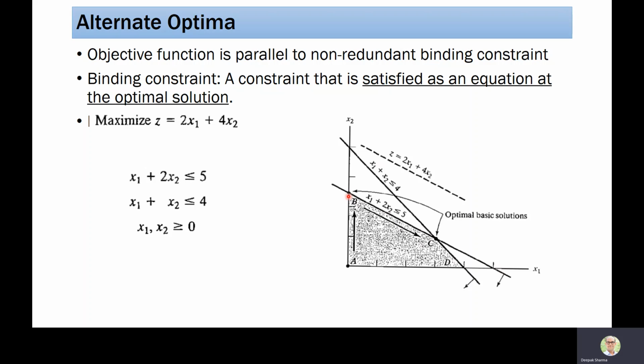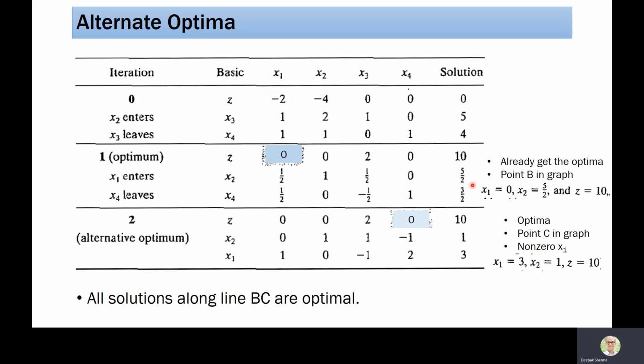Just for the sake of it, we performed one more iteration and got another solution, point C. At both these points our optimal Z value is the same, but the values of X1 and X2 are different. That's why we call it alternate optima, meaning we have the same optimal Z value but X1 and X2 values are changed. Whenever this condition arises, we can say that this is an alternate optima.